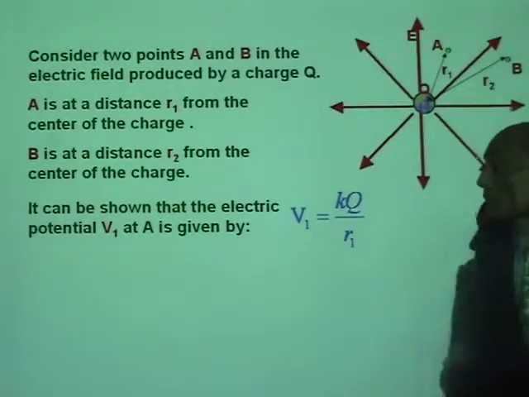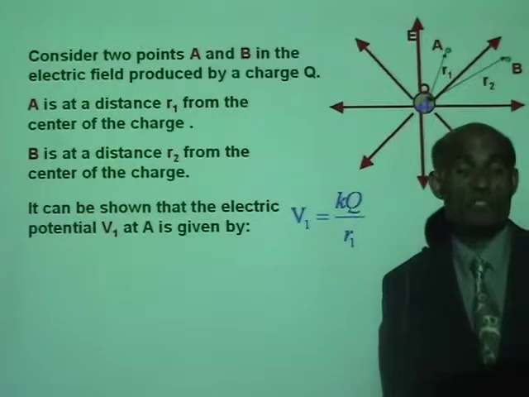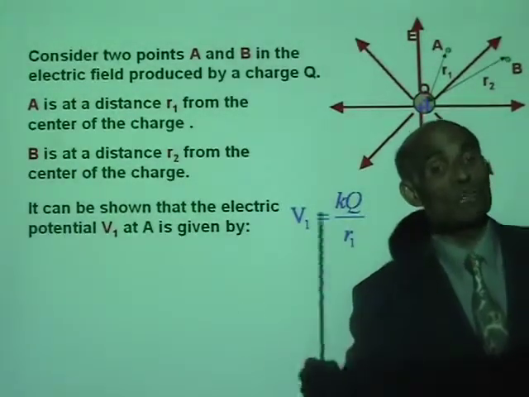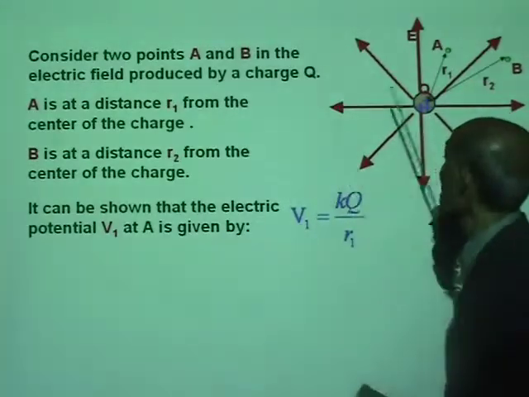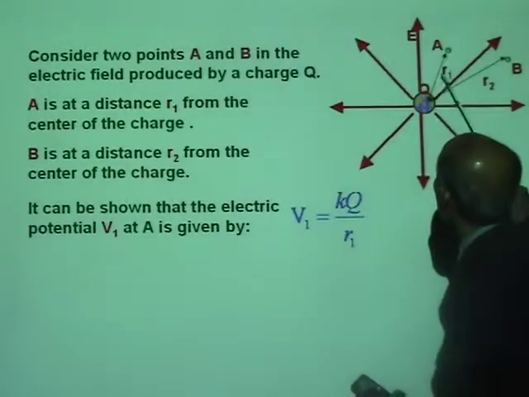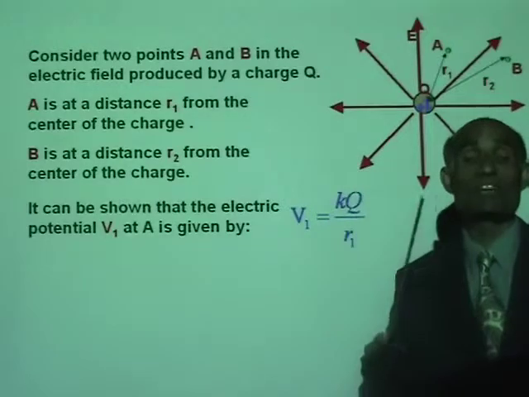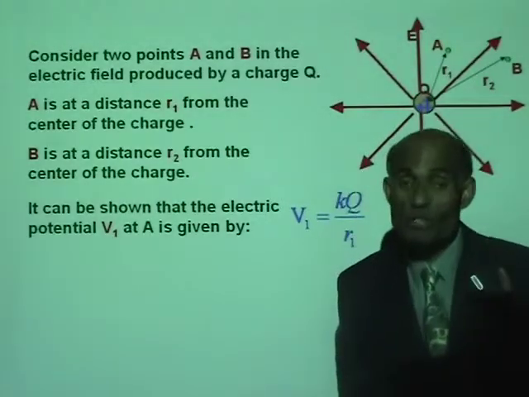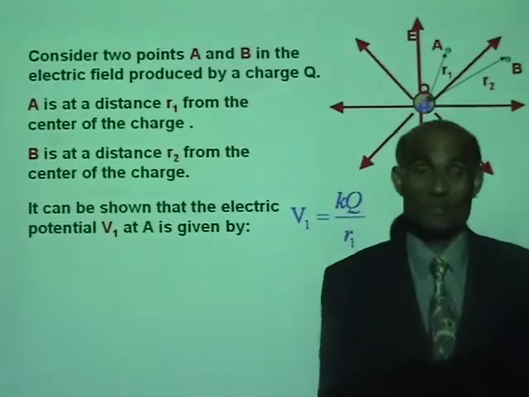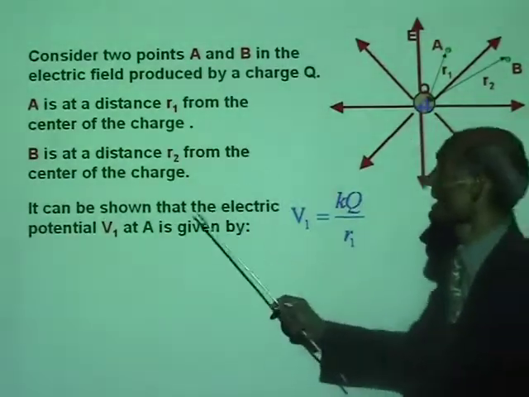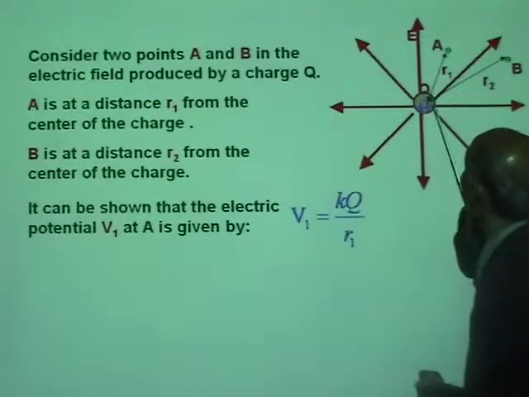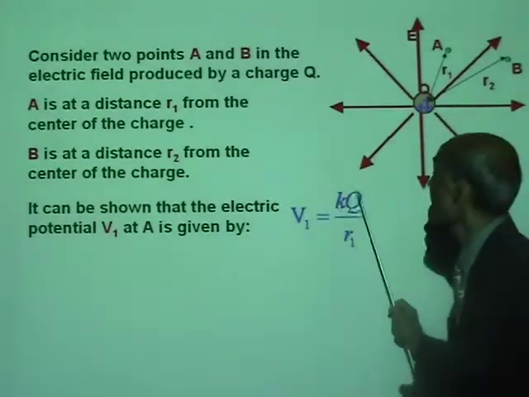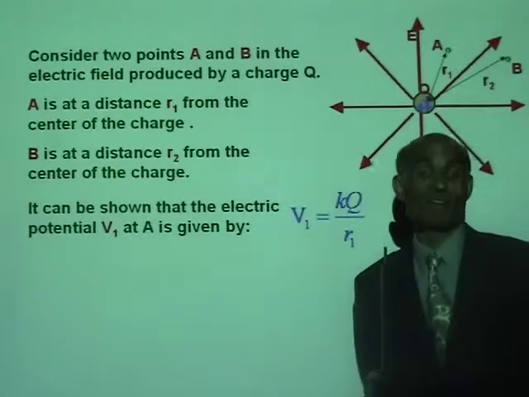Now, please do not confuse electric field at a point and electric potential at a point. Electric field at a point distance R is KQ over R squared. It is a vector quantity. It has a direction. Whereas electric potential at a point distance R1 from a charge is KQ over R1.